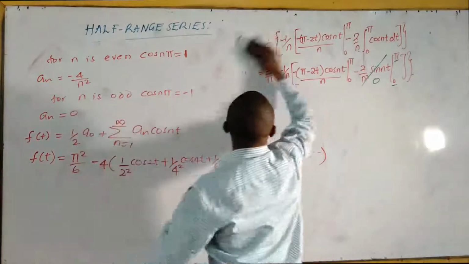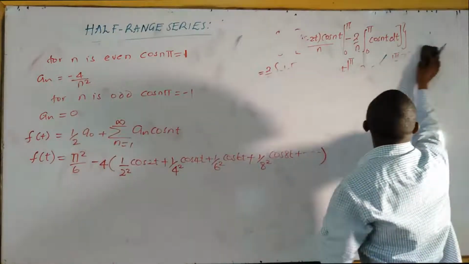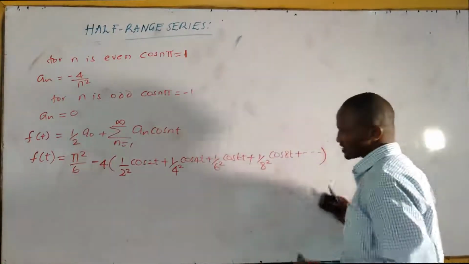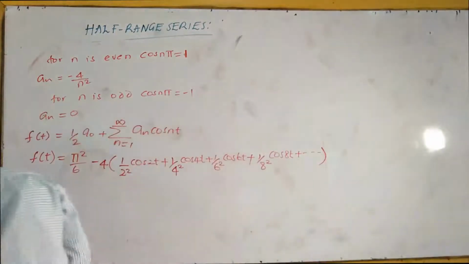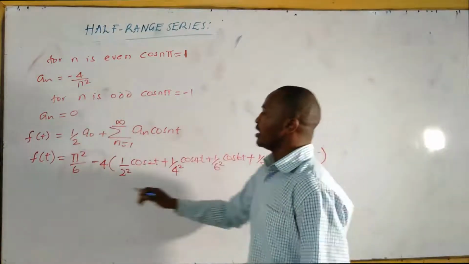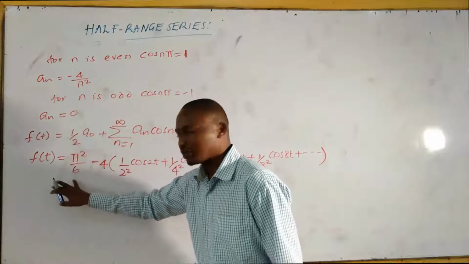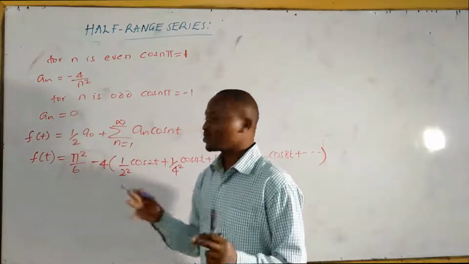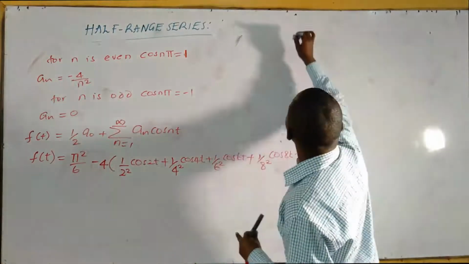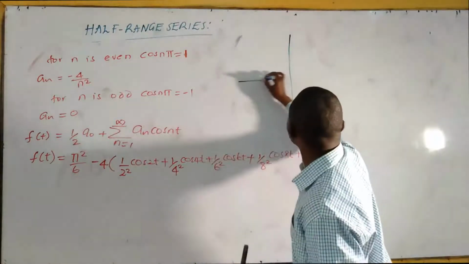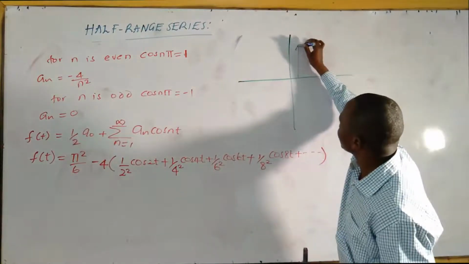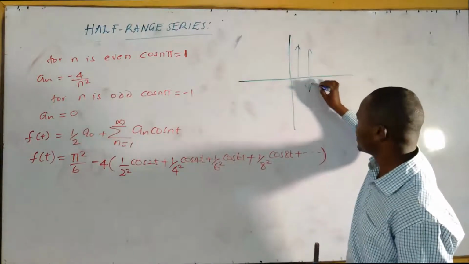Now, let us take a few minutes to discuss the various components of the function. The first part, pi squared over 6, is a constant value. Its effect on a Fourier series is to take the waveform upward, or downward if it's negative.